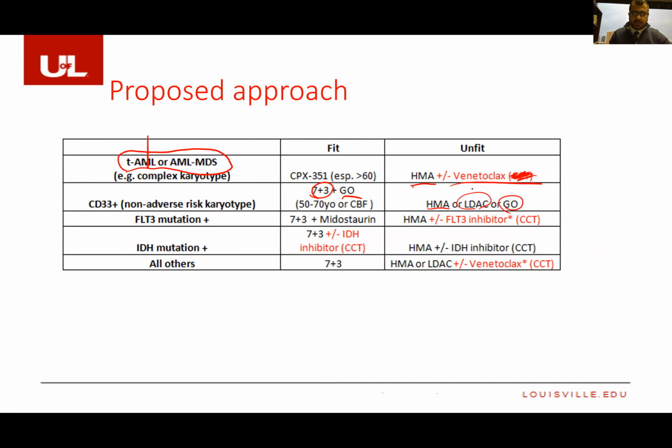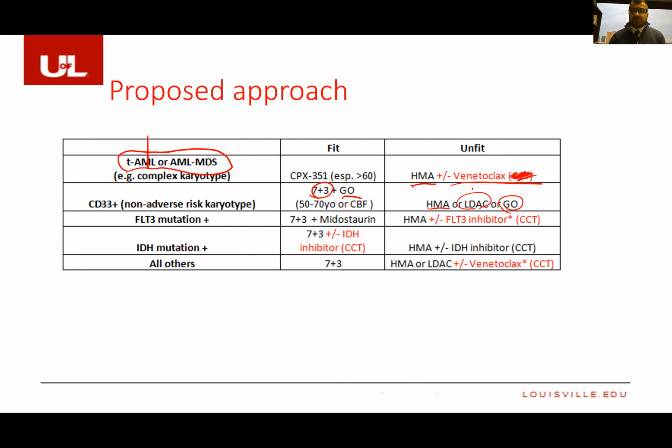Now, let's say it's not therapy-related and it's not a good risk AML, but it has FLT3 mutation. The presence of FLT3 mutation has advanced our approach now that we can actually incorporate inhibitors to FLT3. It's been known that FLT3 is a bad prognostic marker in AML. However, now we have a drug that can work on it. There's one approved, 4 in clinical trials that will be approved soon.